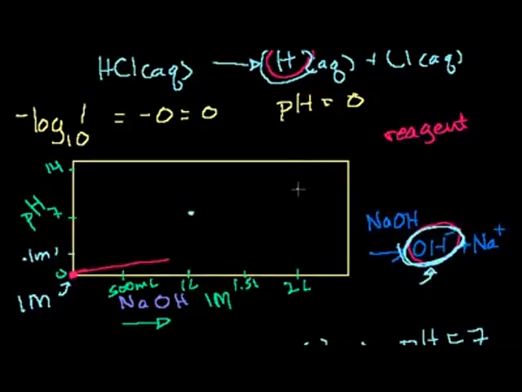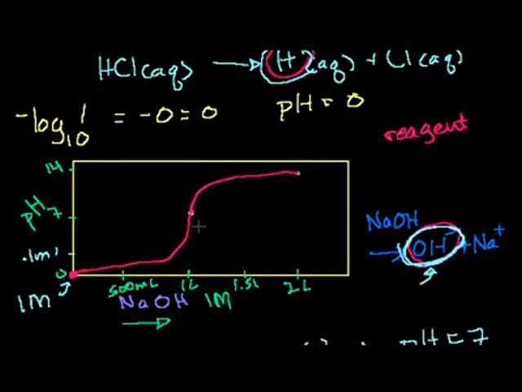Let me erase that point. You're going to have half a molar of OH at the end of this. So your graph is going to look something like this. Up here, you're still going to have hydrogen concentration, but it's going to get really, really small.